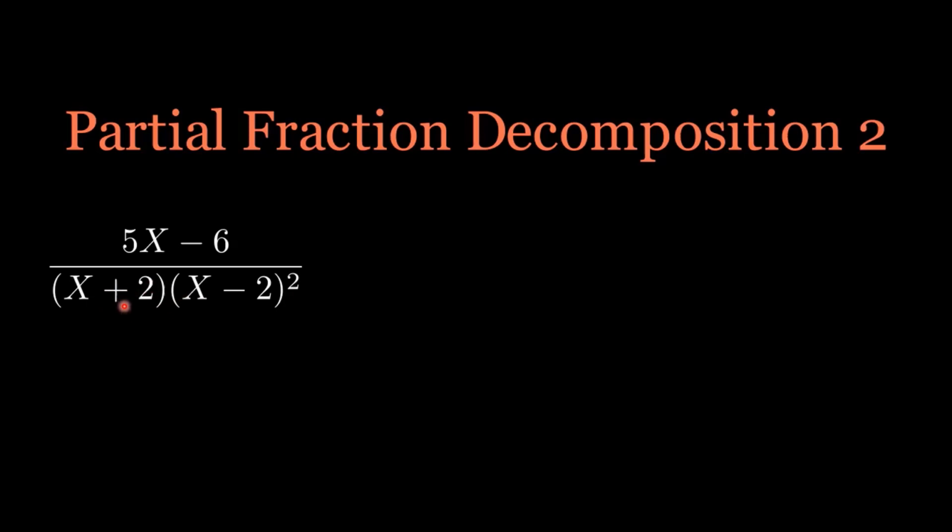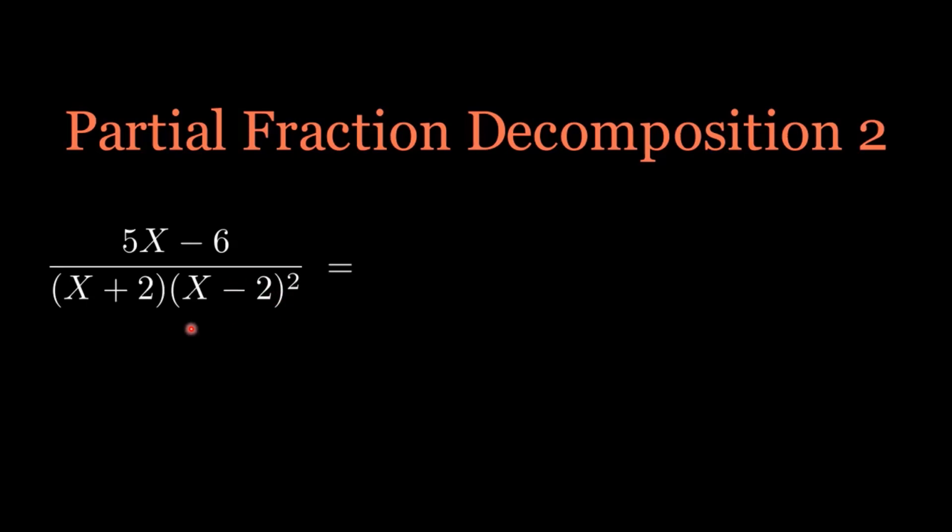-2 is a simple root with multiplicity 1 and 2 is a root with multiplicity 2. So the simple root gives one fraction and the root with multiplicity 2 gives two fractions.